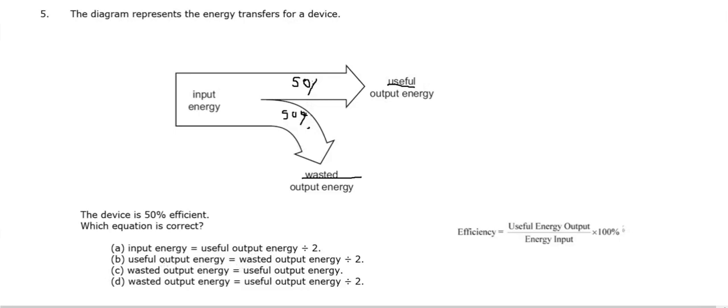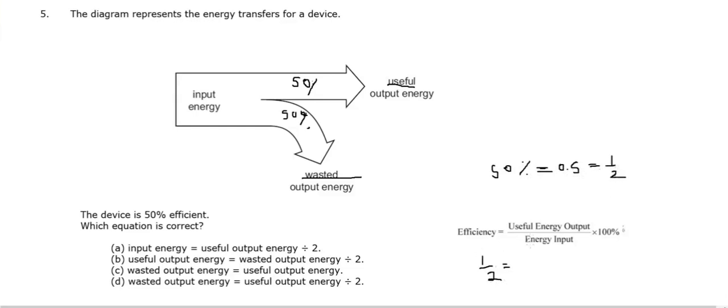So that means useful output energy must be equal to wasted output energy divided by 2. So you can see from here also the efficiency is 50%. So 50% is equal to 0.5, and 0.5 is nothing but 1 by 2.